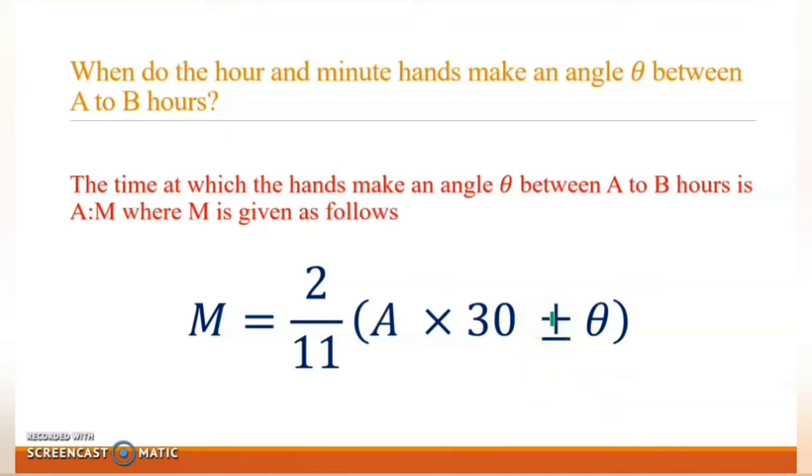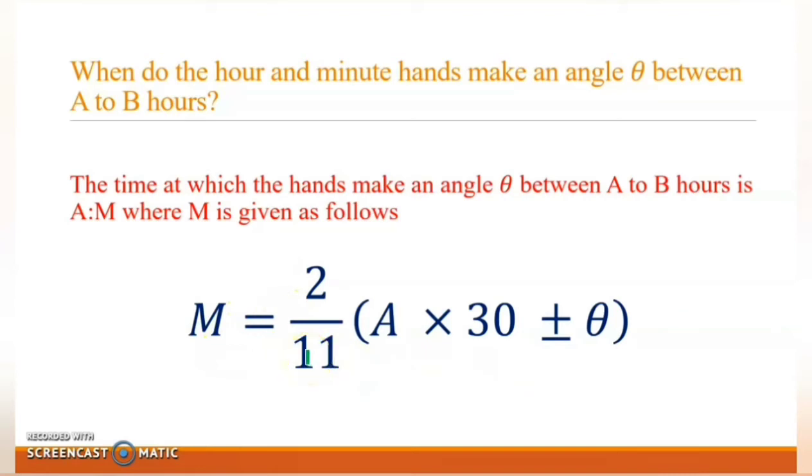But no worries, you can remember this formula or you can just modify it from the previous one, but I'm not going to get into that detail here. So the time at which the two hands make an angle theta between A to A plus 1 hours is A hours and M minutes, where M is given by this formula.